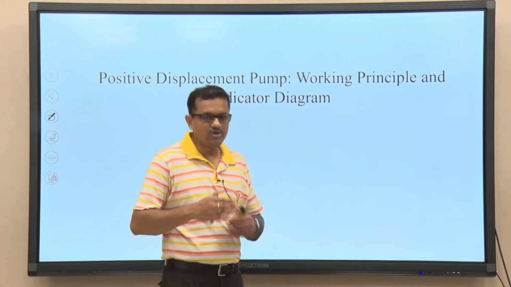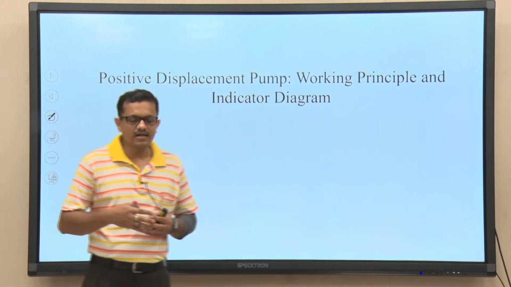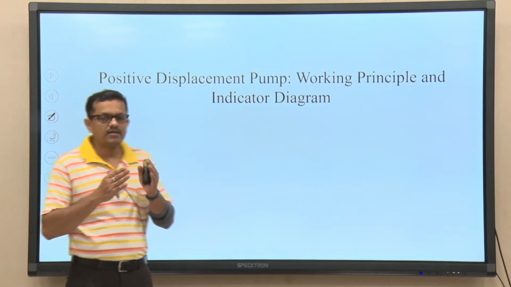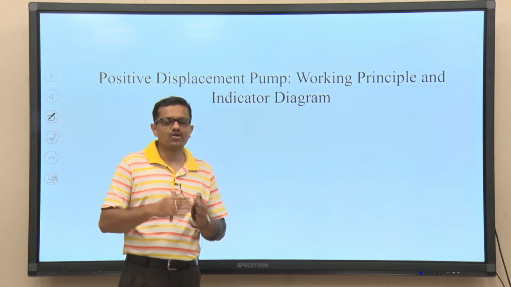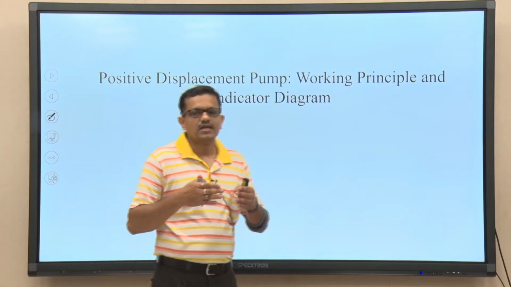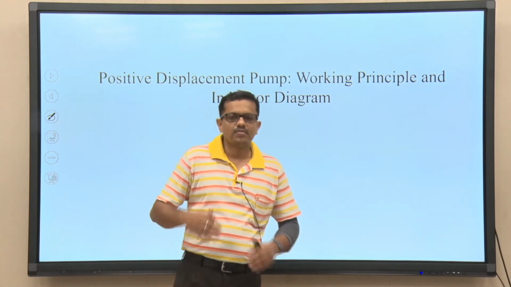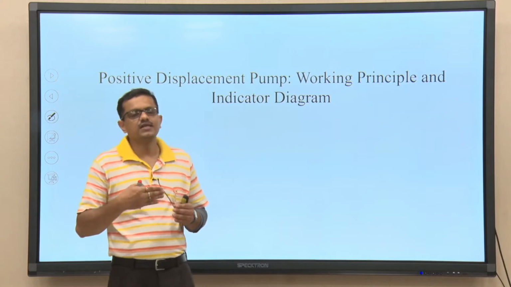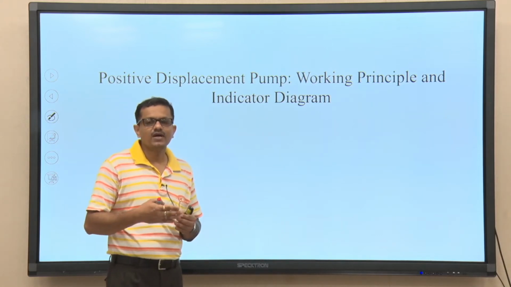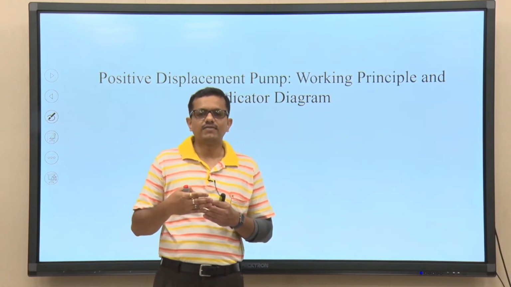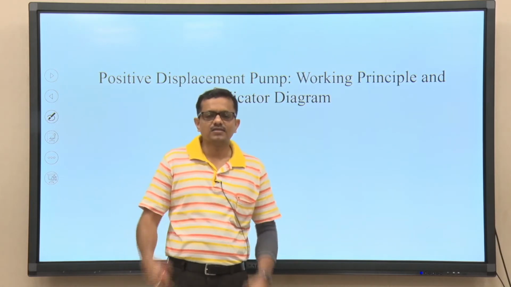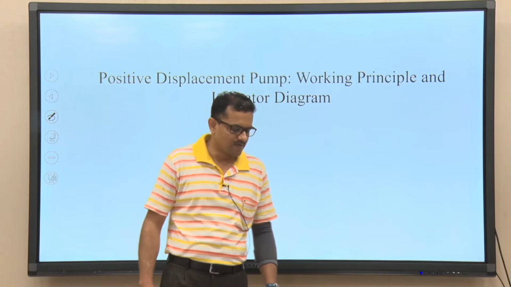So, when we talk about the impeller, we have seen that by altering the blade angles at the inlet and outlet, and also the impeller diameter, we can change the head that will be developed by the pump as well as the flow rate that will be discharged by the pump.